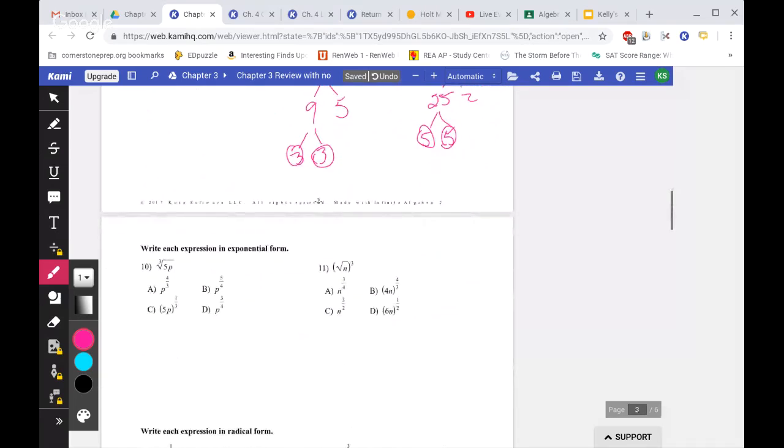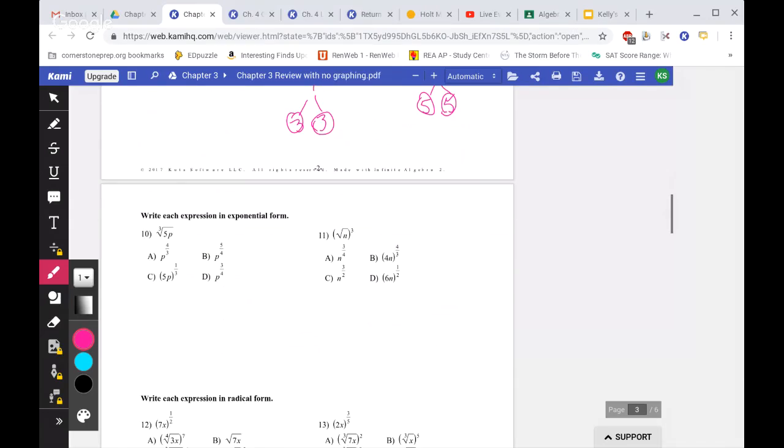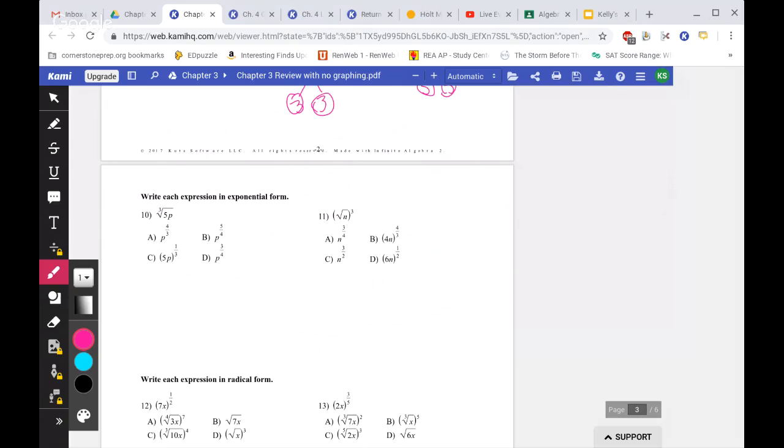All right. Write each expression in exponential form. So all you're doing on these is whatever is in the check mark is the denominator of the expression. So that we're going to write 5p raised to the third power, and that's going to be an exponent.